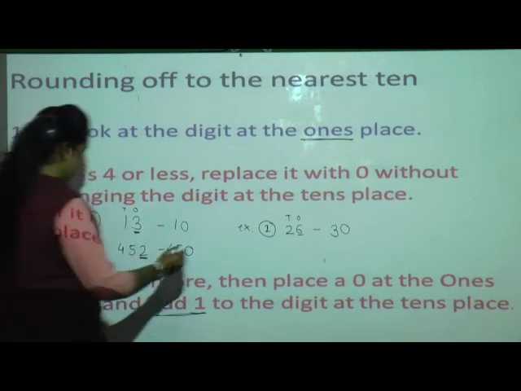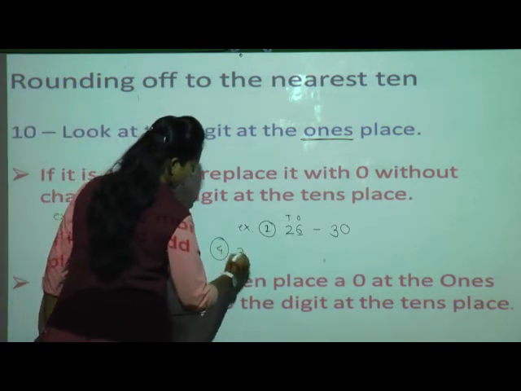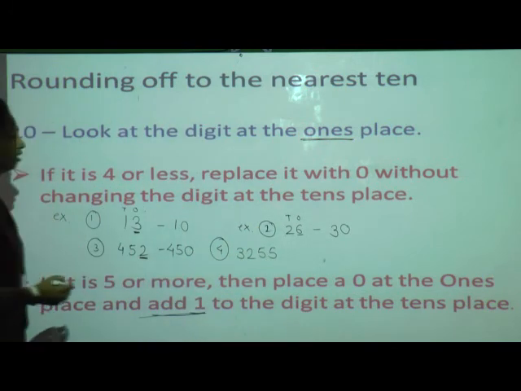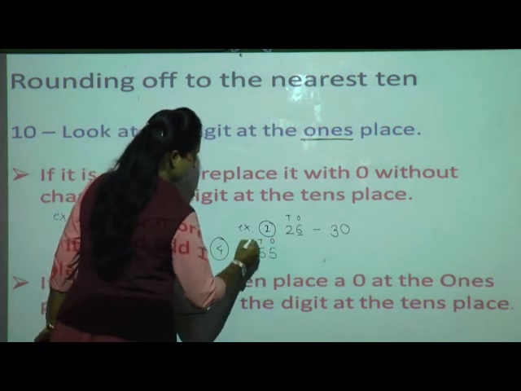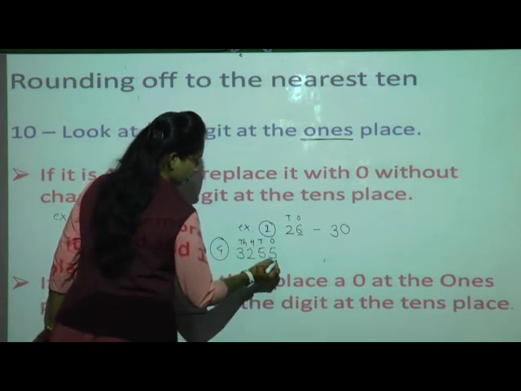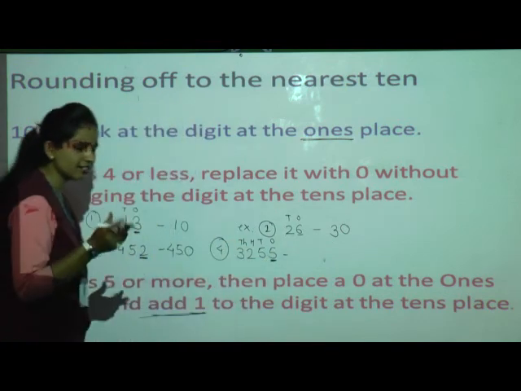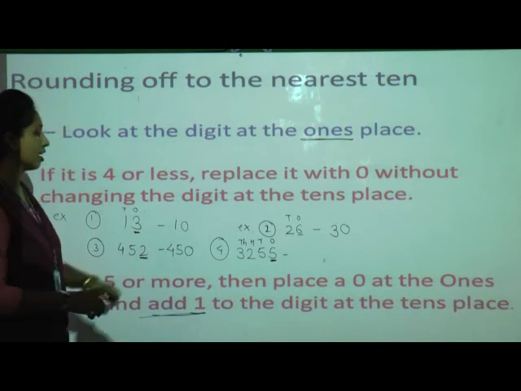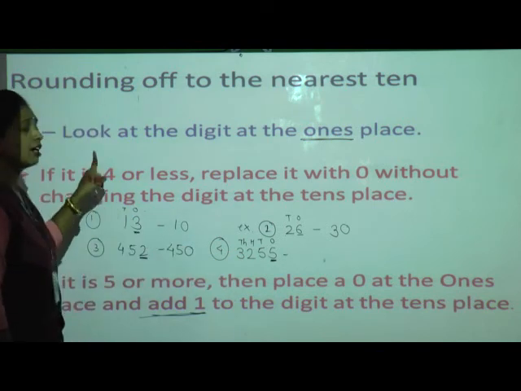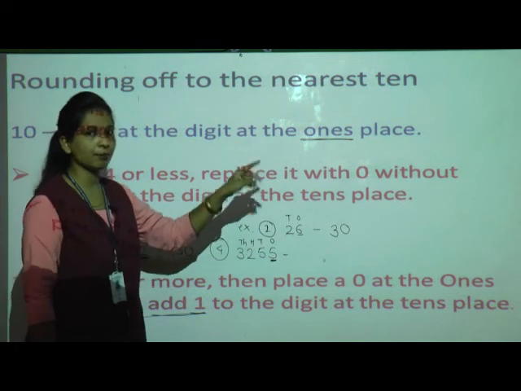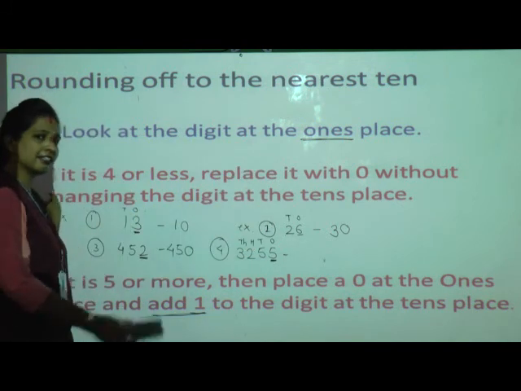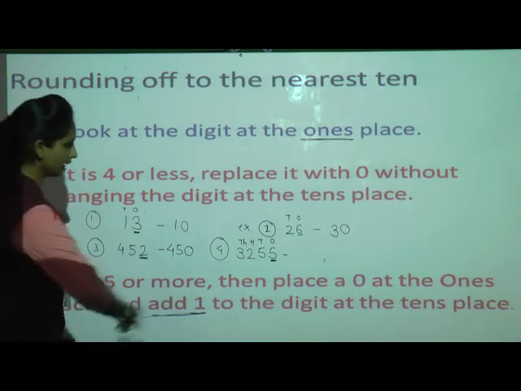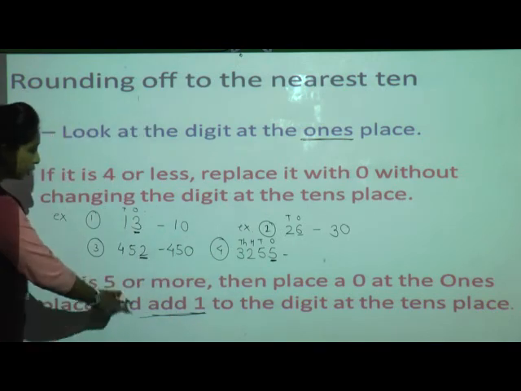Okay, one more example I'll tell you. Now I have taken a 4-digit number. Ones place, tens place, 100, 1000, 4 digits. Whenever it is nearest to tens, underline the ones place. You have to see what number is in the ones place. If it is 4 or less, just replace the number with 0 without changing tens, 100, 1000. And if it is 5 or more, now exactly a 5 is there, then what to do?